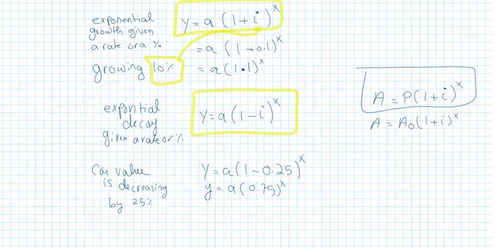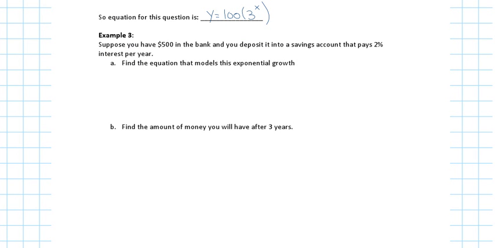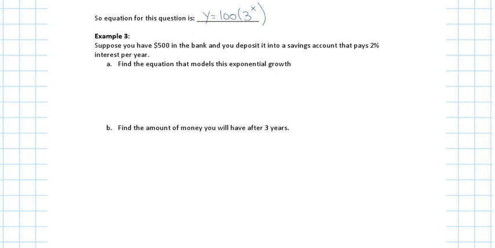All right, now we can solve this question. Suppose you have $500 in the bank and you deposit it into a savings account that pays 2% interest per year. Find the equation that models this exponential growth. So because it's growing, what's the formula that I'm going to use? y equals a times 1 plus i to the power of x.